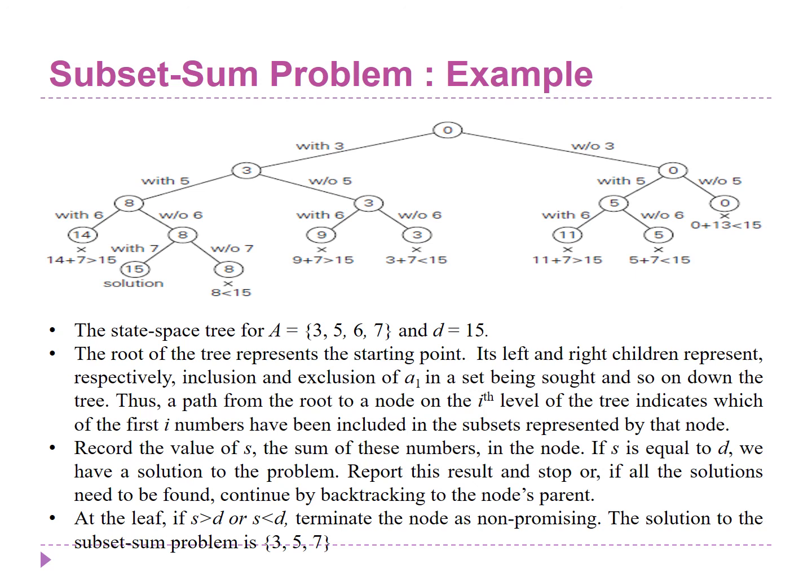But at the leaf, when the sum is equal to d, the solution is arrived and that node is a promising node. So applying the method described, the solution to the given subset sum problem is the subset 3, 5, and 7.